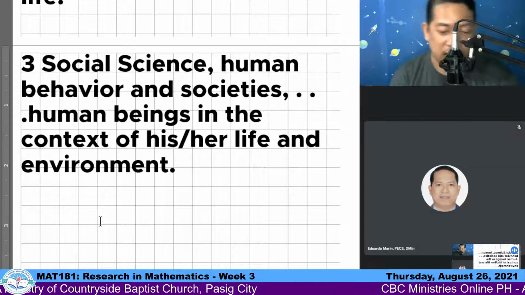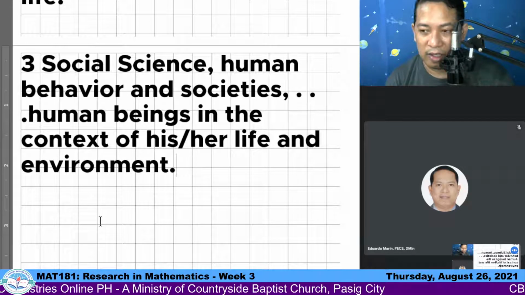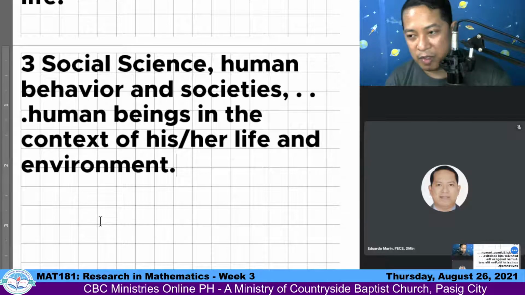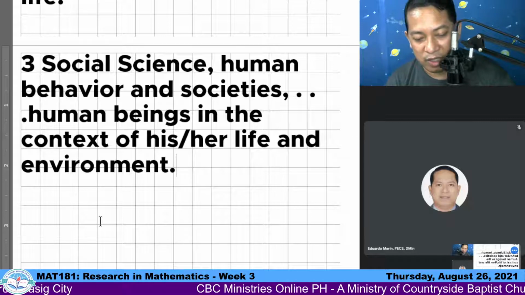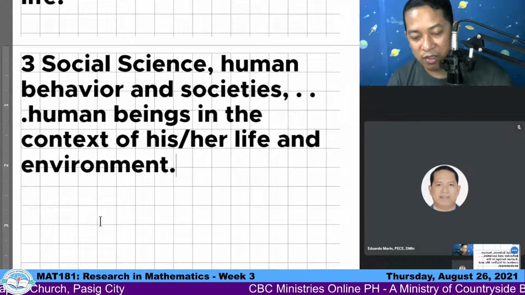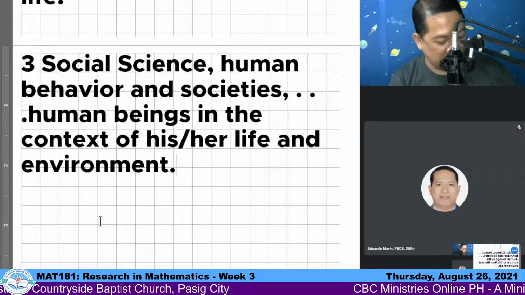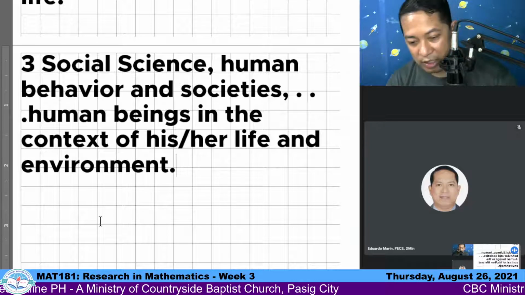Any decision, lalo na sa mga larger company or perhaps the national government, should always be based on research and utilizing scientific methods as part of the tool for decision making, mga kapatid. Right? So yan po ang makikita natin dyan.